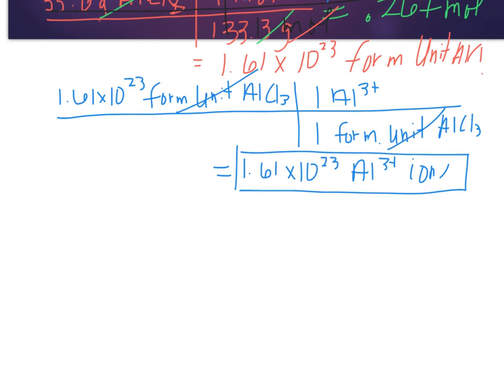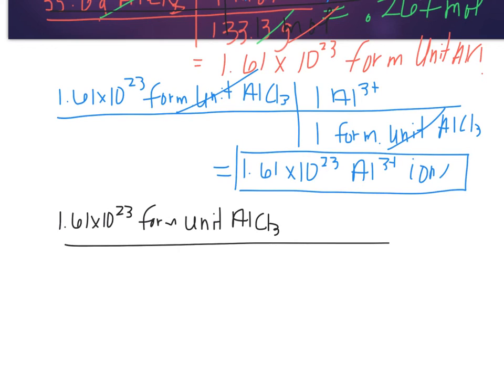So our last step is to take our 1.61 times 10 to the 23rd formula units of AlCl3, and this time I see that I have 3 chloride ions for every one formula unit of AlCl3.